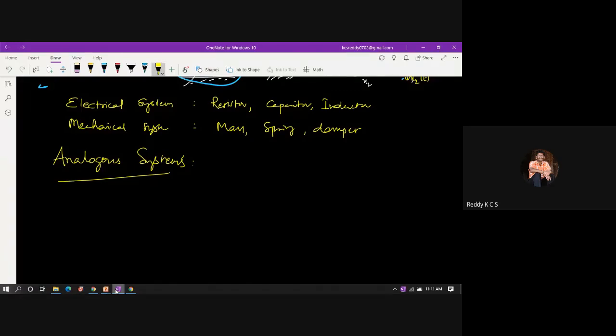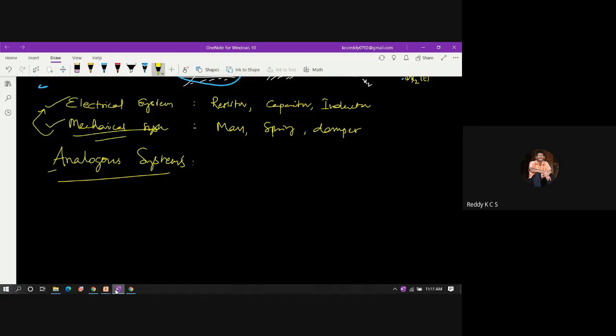There exists a similarity between their equilibrium equations. So it is very possible to draw an electrical system which is exactly similar to the given mechanical system. We need to write the electrical system exactly equal to the mechanical system.